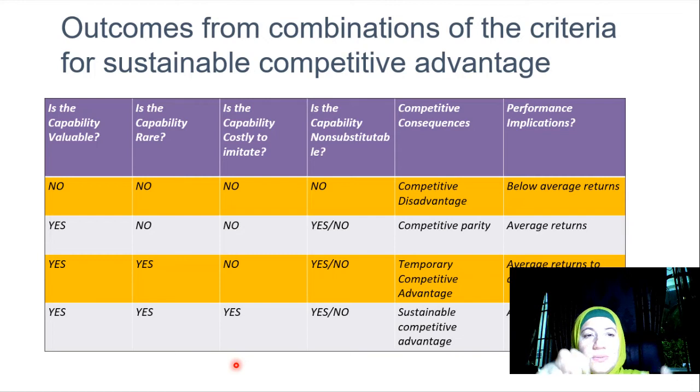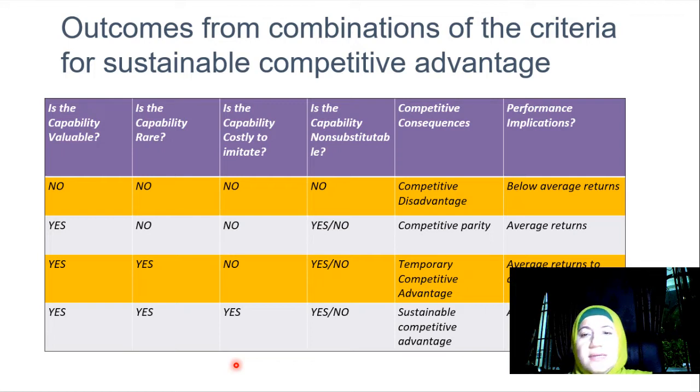You need to lay down all those four criteria in one row, and then you check each of the components and decide the consequences in terms of competitiveness.